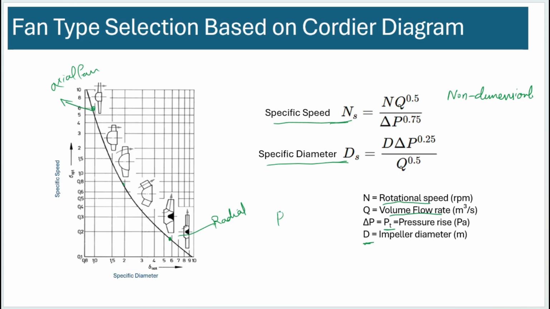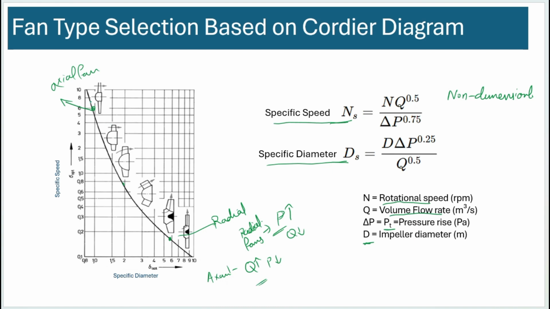Radial fans give you more pressure at lower flow rates. It's not always true, but they are good for high pressure. Axial fans are good for higher flow rates and lower pressure.